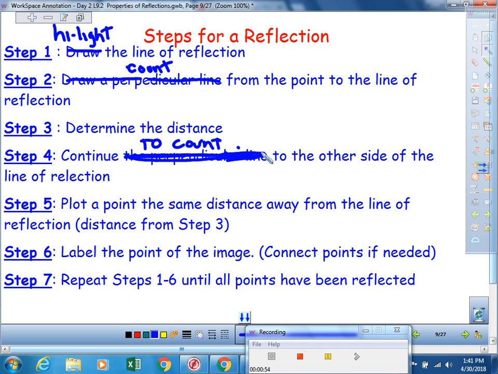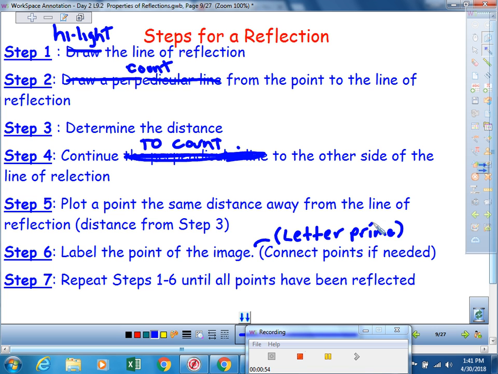And then you're going to plot the point the same distance away from the line of reflection. And then you're going to label it the point of the image. And remember, these are with the letter prime. And then connect the points.